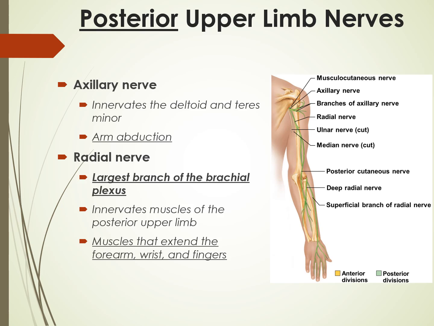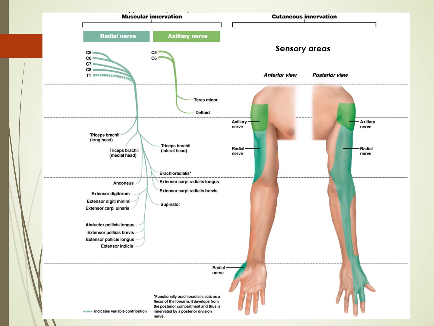And then on the right hand side, don't worry too much about it, but essentially it's showing you the sensory areas or the cutaneous innervation. So where these nerves are going to pick up on sensation to the skin. Okay. So again, they're all nerves, so they have both sensory and motor functions, right?